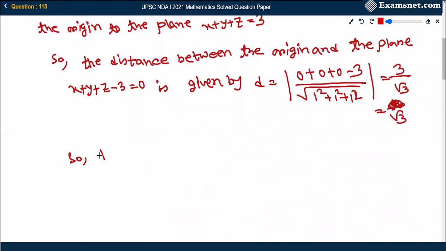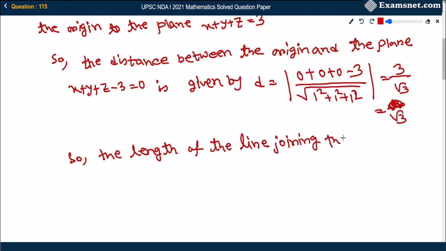So the length of the line joining the origin and A is root 3, correct?